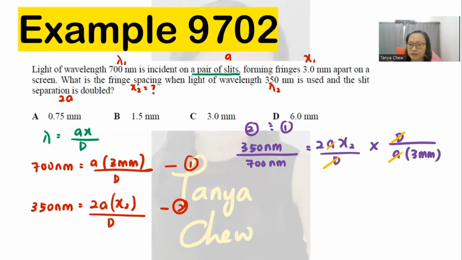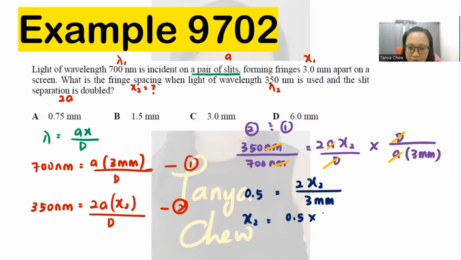A and A you can just cancel because it is just division here. You can cancel wherever you can cancel, nanometer and nanometer. So 350 divided by 700, I got 0.5, which is equal to 2 x2 over 3 mm. So x2 is equal to 0.5 times 3 mm over 2.